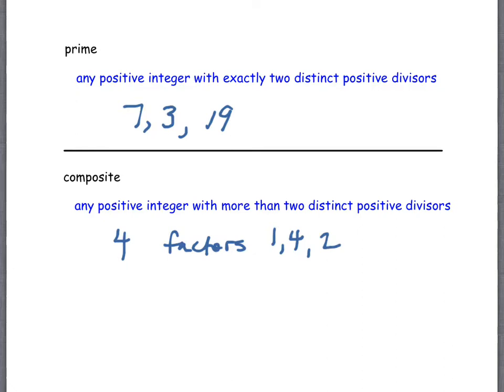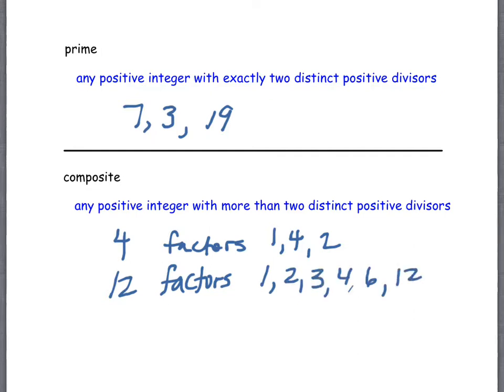Okay, give me one more. 12. What are the factors for 12? It has a whole bunch, doesn't it? So it has the same 1 and 12 that we would have expected with prime numbers, but we actually end up with 2, 3, 4, and 6 as well. Okay, so those are composite numbers.